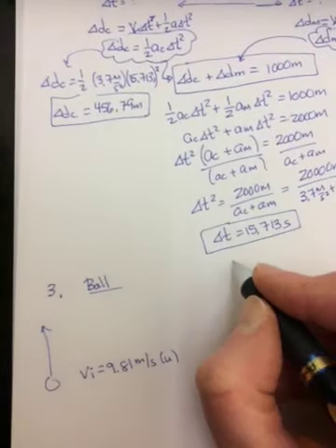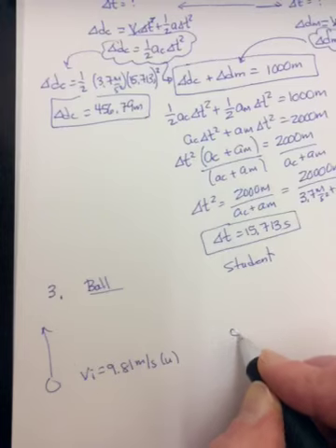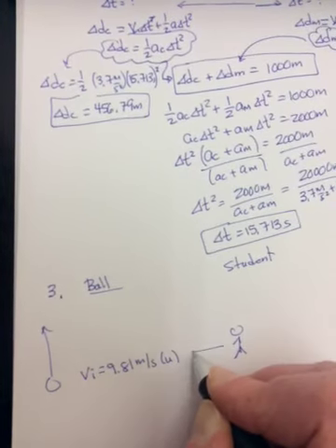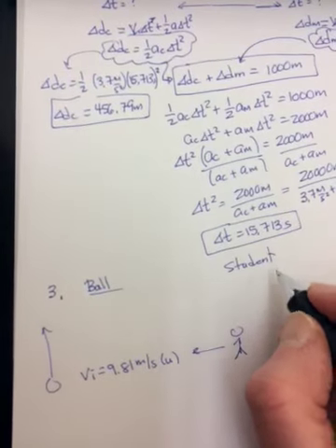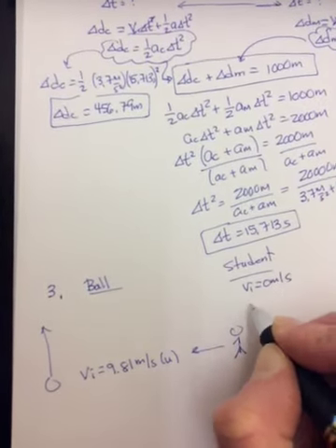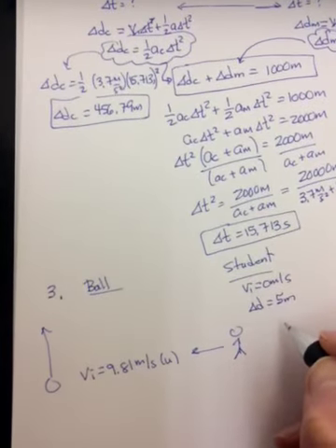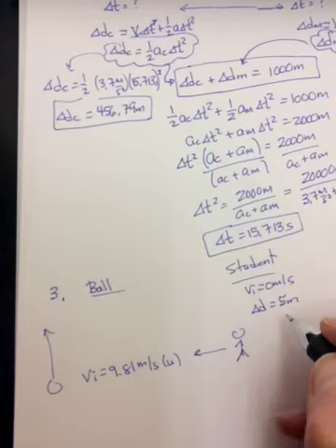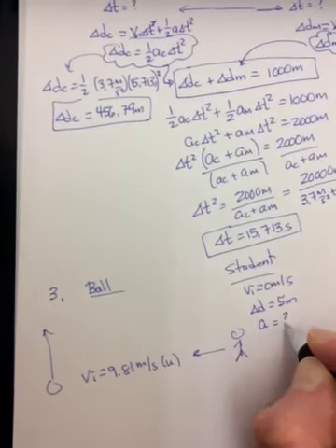The second part of the question is the other student, who's standing over here and is going to run to catch it. Another student standing, which means VI equals 0, 5 meters away, delta D is 5 meters, starts to run towards the ball on release and catches it at the same height.